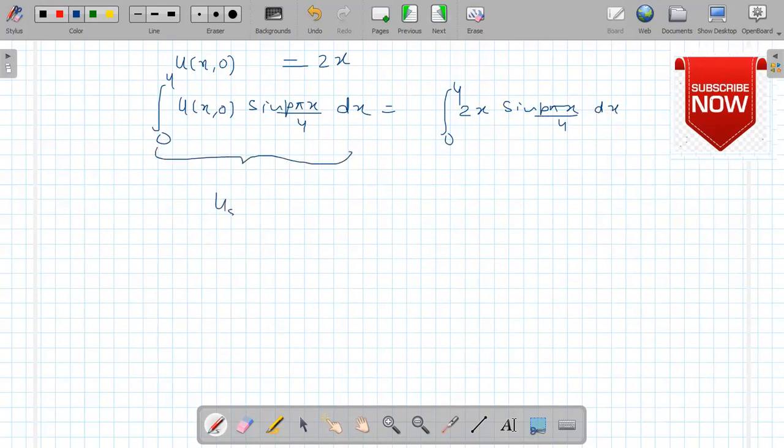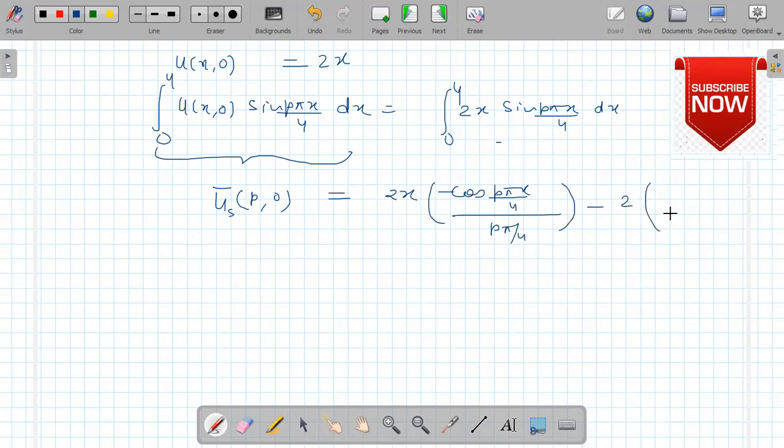This is denoted by us bar p comma 0, because after solving it you will get the function of p, so we'll replace x by p, and it is equal to, we solve this: first function into integration of second function minus derivative into integration again, sine p pi x over 4 over p square pi square over 16.